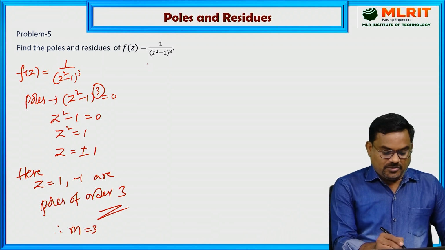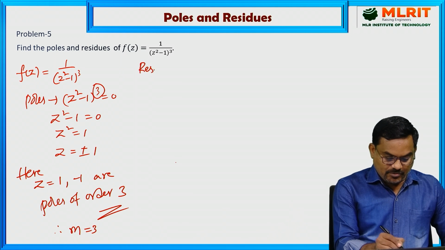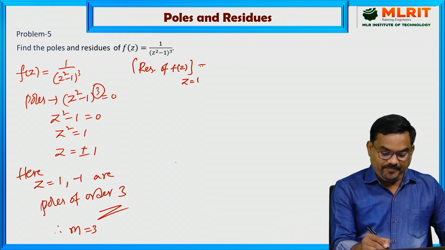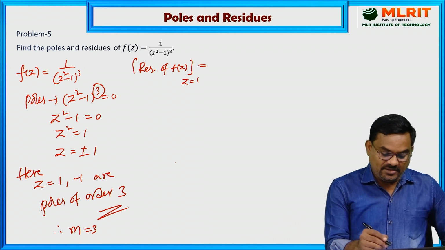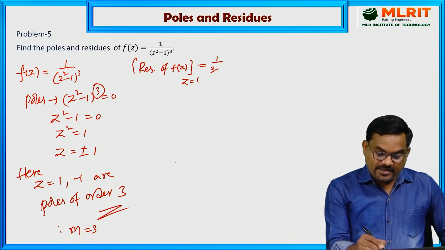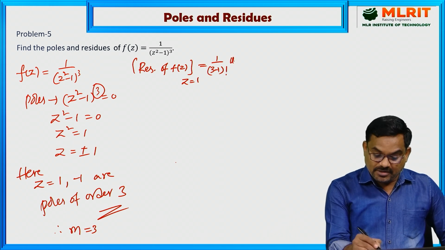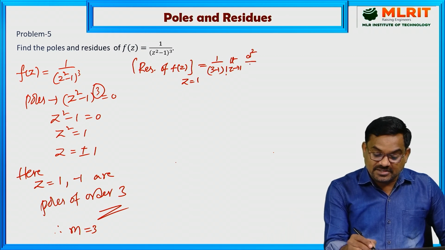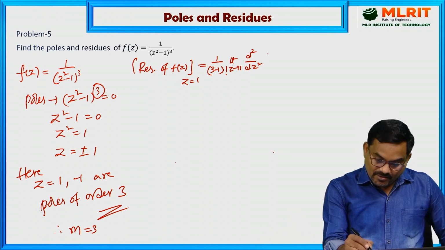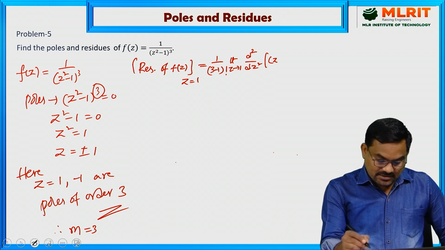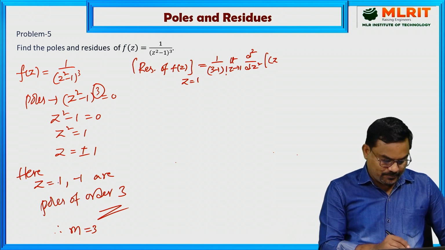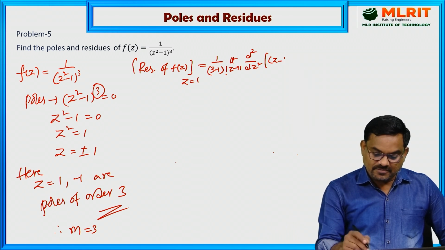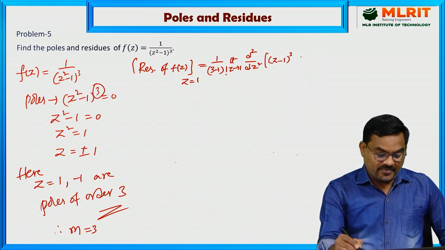Now to find the residue of f at z equal to 1, which is a pole of order 3, it is equal to 1 by (m minus 1) factorial, limit z tends to 1, d power 3 minus 1, so d square by dz square of (z minus 1) power 3 times f of z.